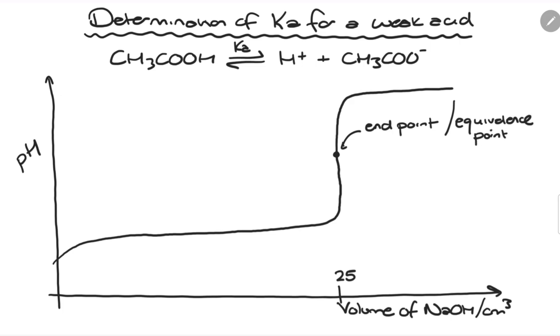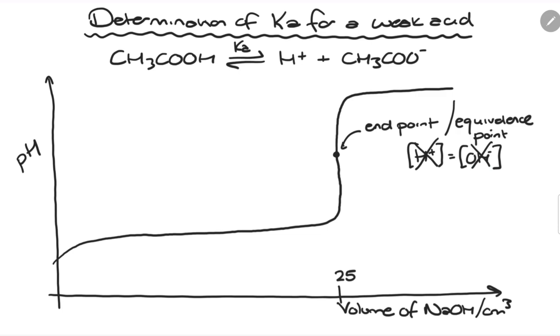And at this point in the equation, we have a situation where the H plus ion concentration has been entirely neutralized by the hydroxide ions. To all intents and purposes, they have at that point cancelled each other out.